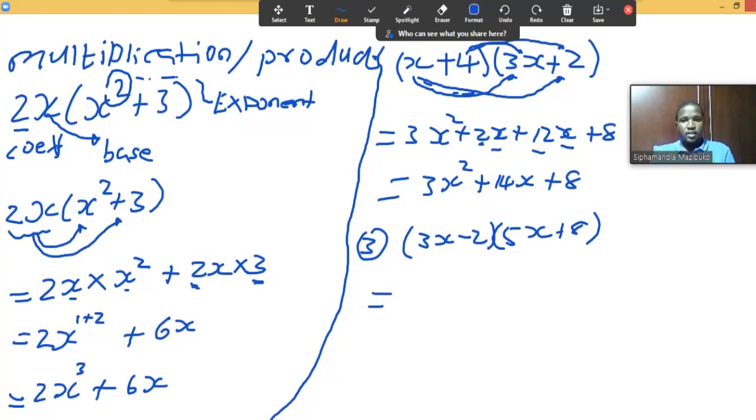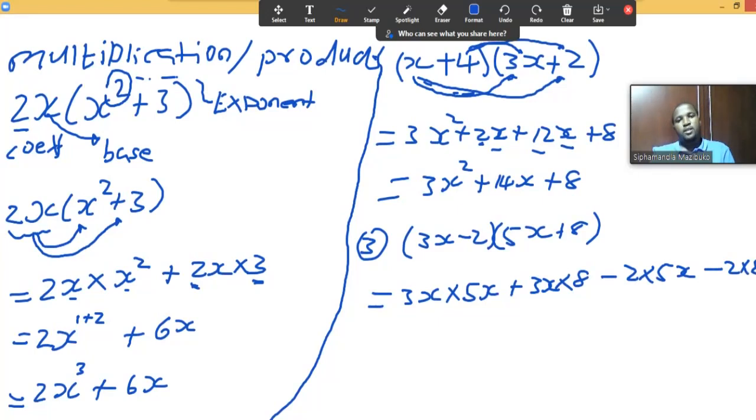So if we're looking at multiplying this, we have 3x multiplied by 5x, and then plus 3x multiplied by 8, and then minus 2 times 5x, and we also have minus 2 times 8.